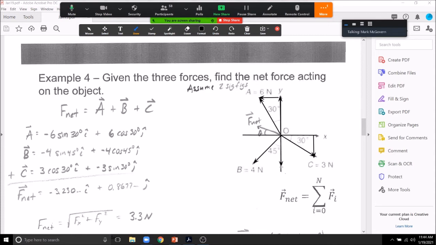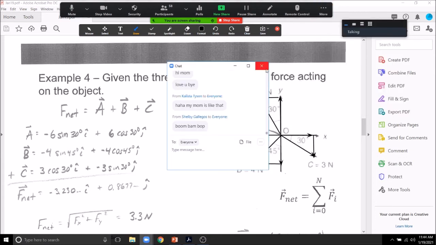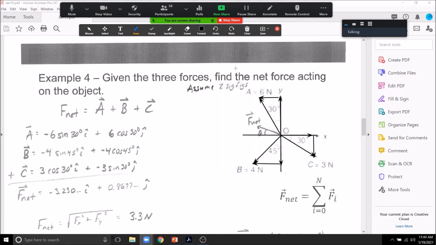So for the legs of my triangle, I'd have my y component go down and my x component go to the left, like that. That would be the components for that particular vector, because you're just trying to make a right triangle with the angle that you already know. So you see all the right triangles I made here? That's how you want to go about it. Yeah, I see them. Thank you. Okay.